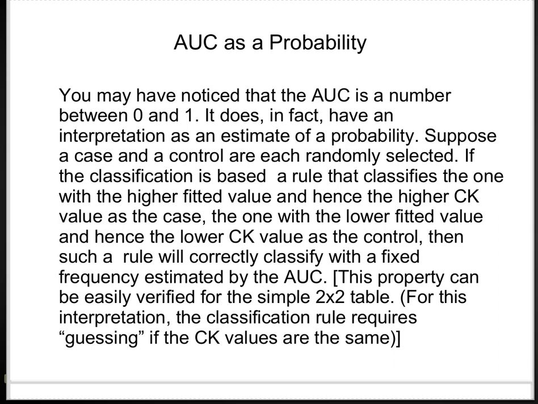We have to contemplate a circumstance in which the person playing the game has one case and one control, and then you make an assignment, one to the case and one to the control, and getting it right is the AUC, if you used the fitted values from the model.